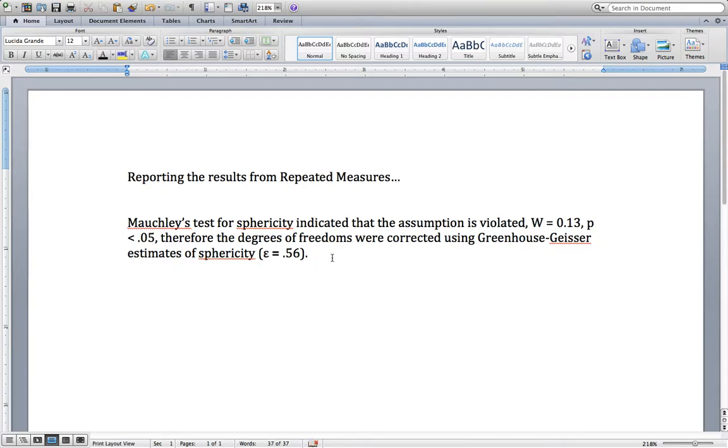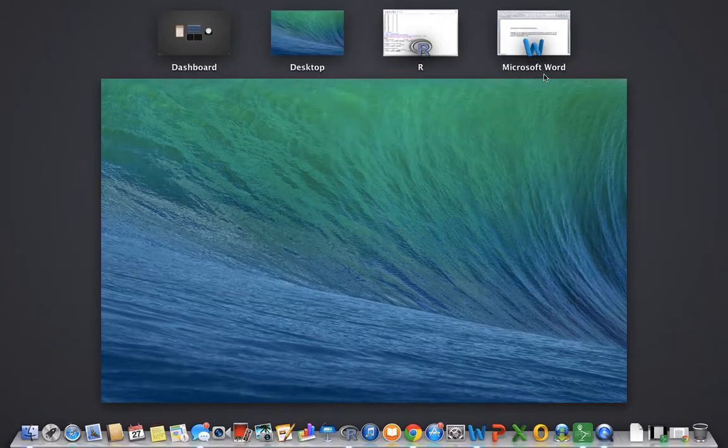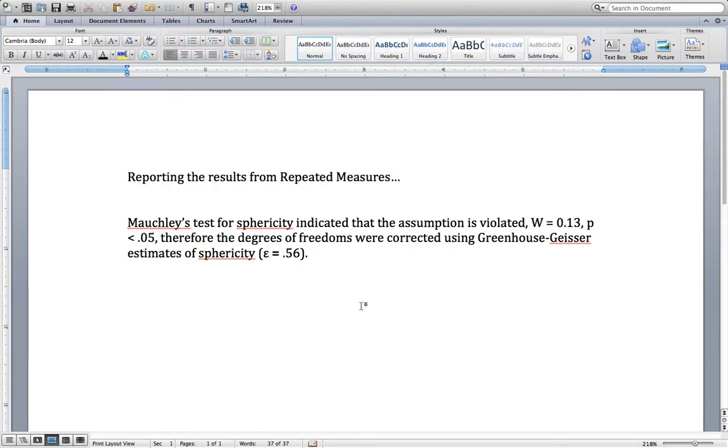Okay, so using Greenhouse-Geiser, we have a p-value, let's see, which was above 0.05, so we don't have statistical significance. And I think in the video I actually made a mistake, because I actually went ahead and ran the model assuming sphericity.